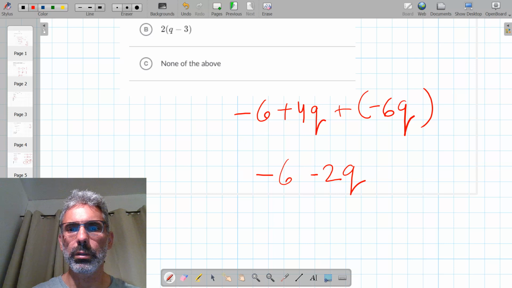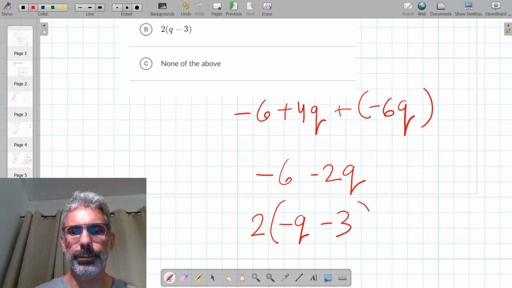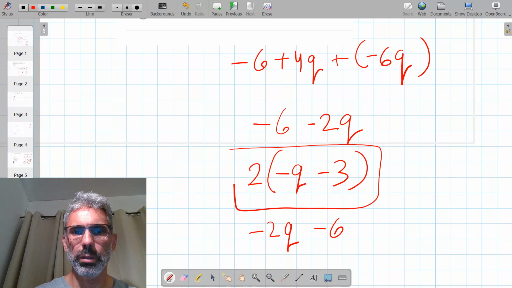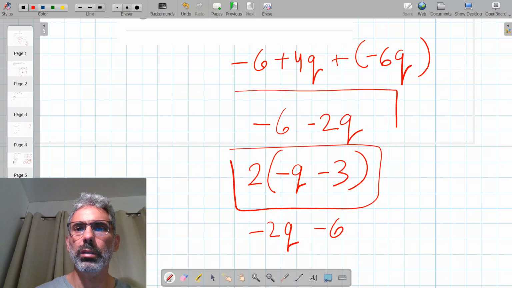If we factor out 2, we are left with minus q minus 3. 2 times minus q is minus 2q, and 2 times minus 3 is minus 6. Okay, so this is equivalent, and this is equivalent.